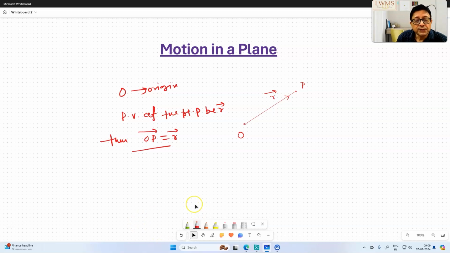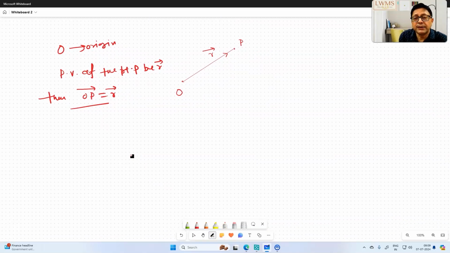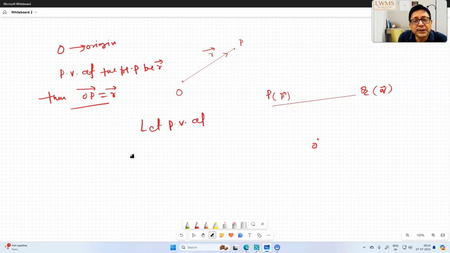Now, suppose there are two points, P and Q. Let the position vectors of the points P and Q be p and q respectively.